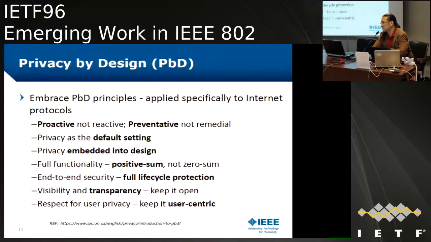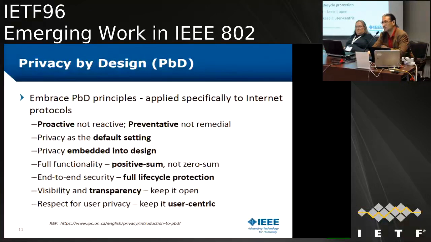Full life cycle protection, so understanding the information that is generated by the device, where it's going to be stored, how it's going to be used. So not necessarily stopping at the device itself, but also understanding that in the case of IEEE 802, for instance, MAC addresses travel and are used in IETF protocols. So we want to understand the whole life cycle protection of this information.